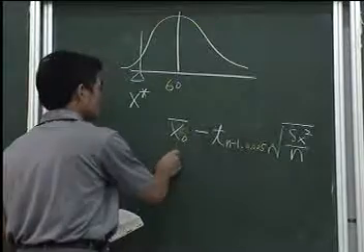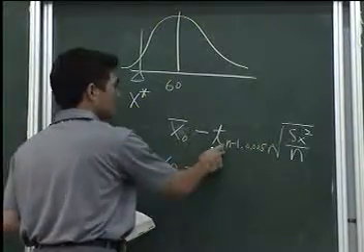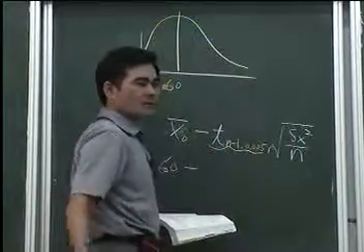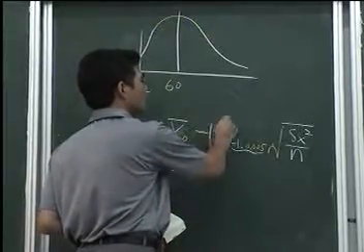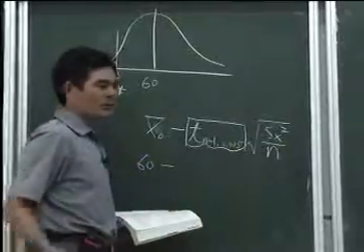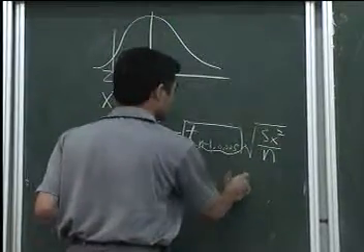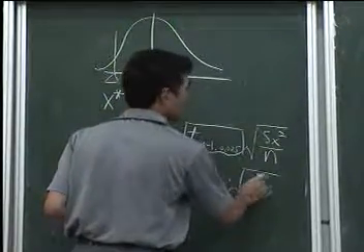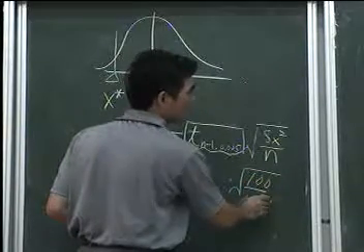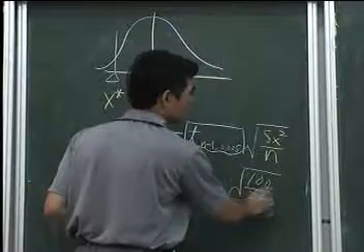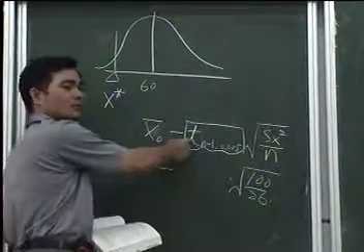So this is 60 minus. Can anyone tell me what this number is? It should be in the book, right? You want to be able to check the table. And this one will be Sx squared, that will be 100, divided by 26. What's this number here?